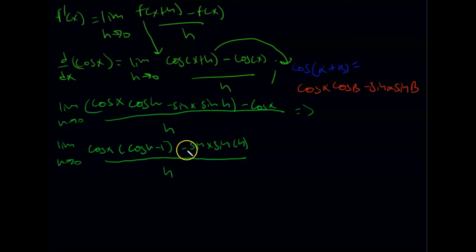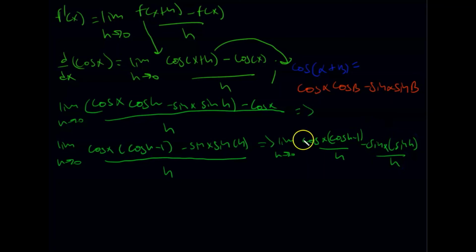And because we have a subtraction sign in between these two quantities that are multiplied together, we can split up the fraction into the limit as h approaches 0 of cosine x times cosine h minus 1 over h, minus sine x times sine h over h.